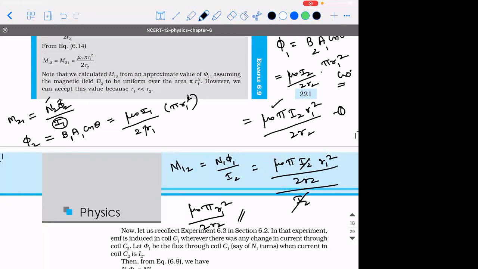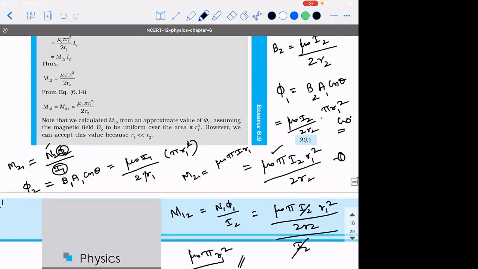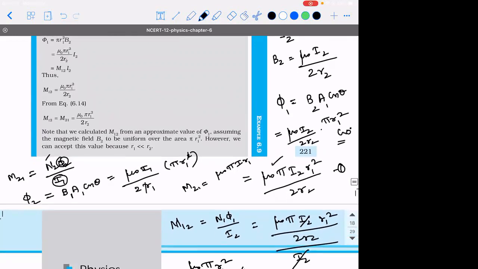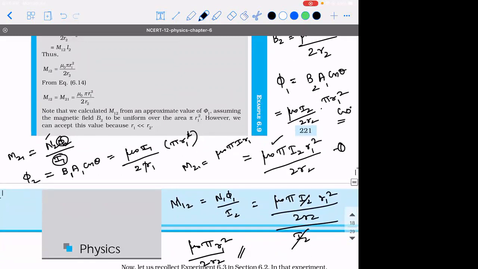So you take this value and substitute it in the place of M21. So M21 will be equal to mu naught pi R1, the whole divided by, did I miss something? Divided by I1. No, that is there. 2 I1. So I1 and I1 will get cancelled. So mu naught pi. Here I'm getting R1 square. No, dimensionally also there is some mistake.